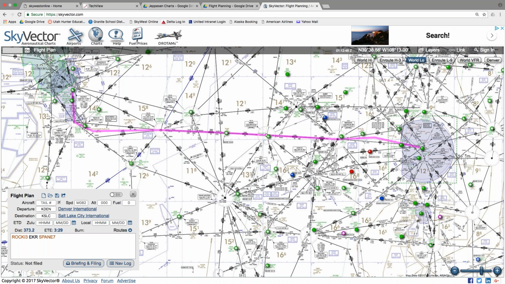What's the difference between 400 knots and mine? The ground speed's 353. 353. 47. Okay, so 47 knot headwind, right?